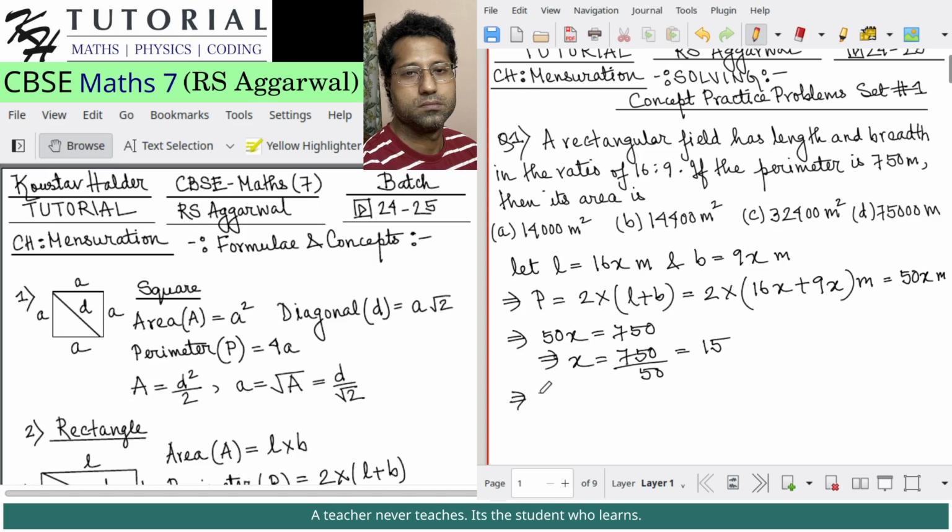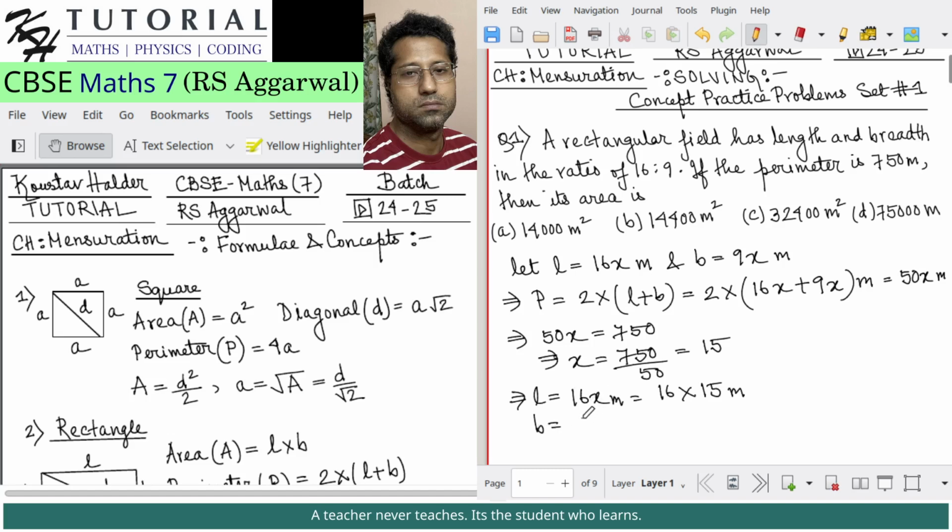Okay, so this implies length L is 16x meter, which is equal to 16 multiplied by 15 meter. And what will be the breadth?